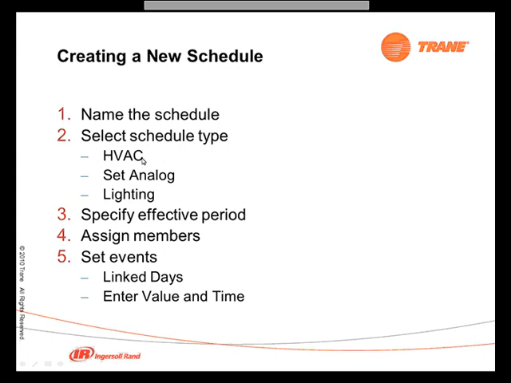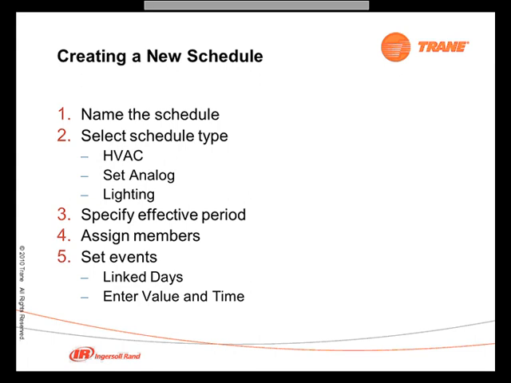That incorporates those three different options that we saw in Tracer Summit. Okay? The set analog option is for setting a temperature set point of the schedule, and lighting is for internal lighting. So 99% of the time, the select schedule type is going to be HVAC, as you see there, number 2.